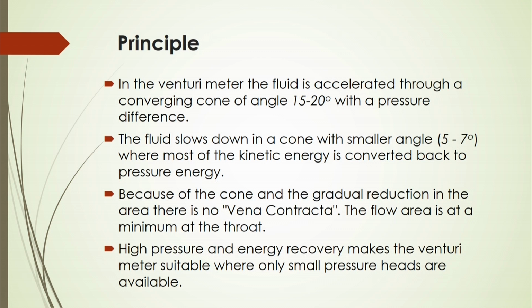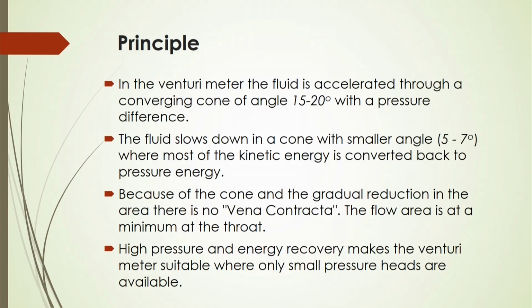Whenever fluid flows through the converging section, it is accelerated to a certain velocity, because the cross-sectional area is coming down, so you get more velocity. The fluid slows down in a cone with a smaller angle of 5 to 7 degrees, where most of the kinetic energy is converted back to pressure energy.